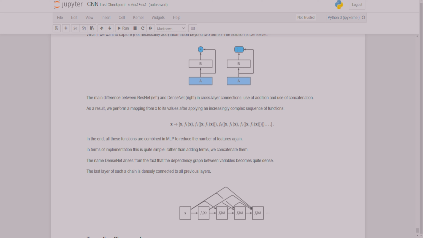Three inputs, one from here, one from here, and one from here. So the tenth layer has normal inputs coming from the previous layer plus all the inputs from all the previous layers. Like the fourth one will have four inputs, one normally coming from the previous layer, one from its previous, and one from the one before that.